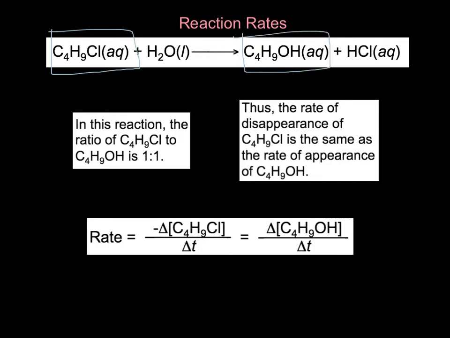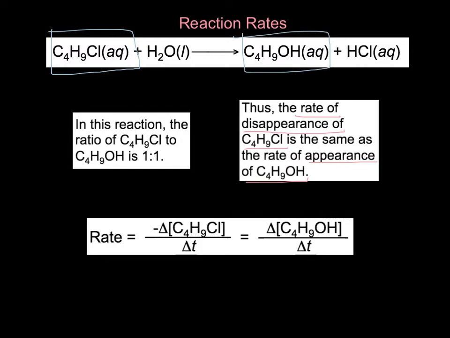Both of my coefficients are 1 for these two substances, so the ratio is 1 to 1. What this means is that the rate of disappearance of my reactant is the same as the rate of appearance of my product. So just as fast as my reactant is being diminished, my product is being formed at that same rate because it's a 1 to 1 ratio.